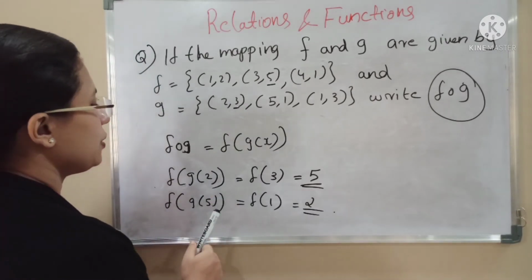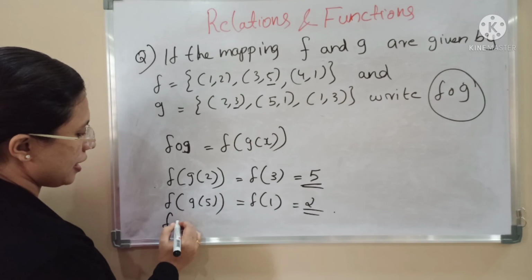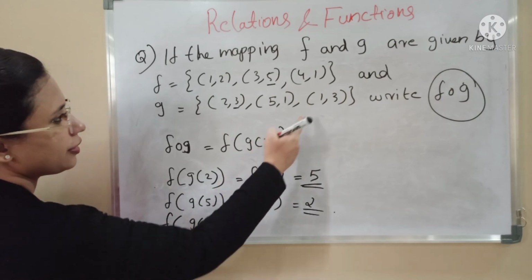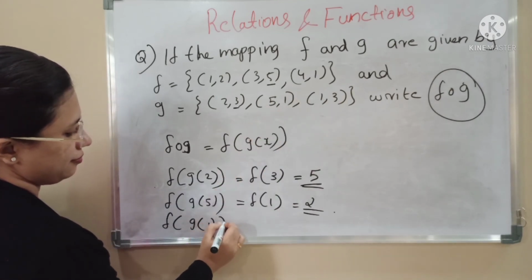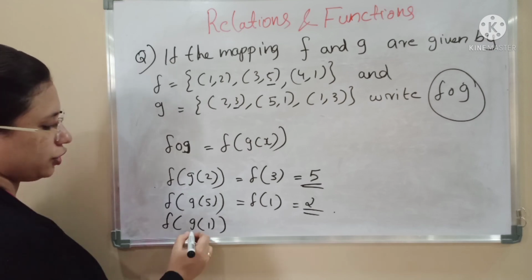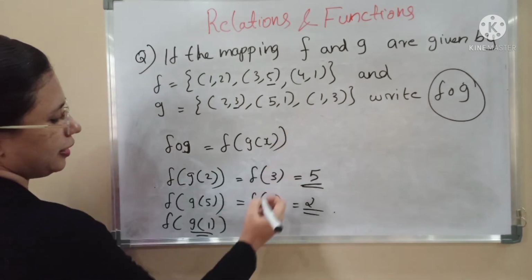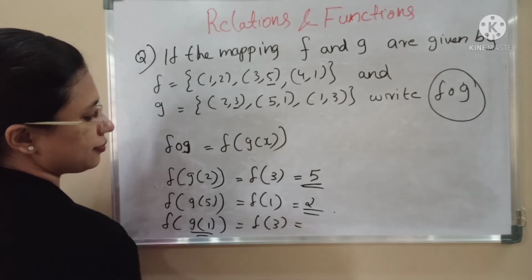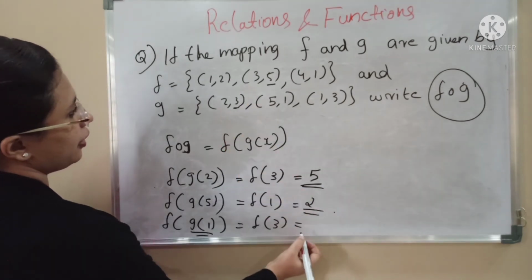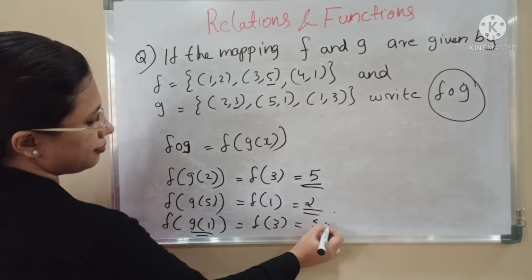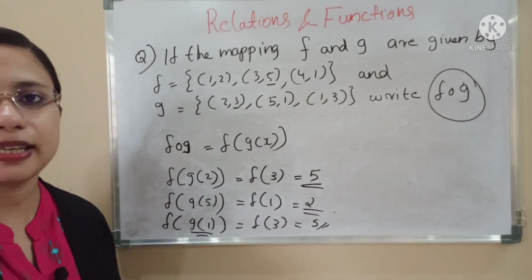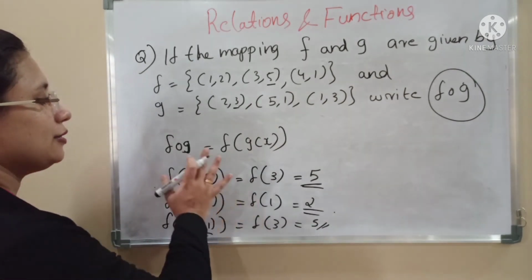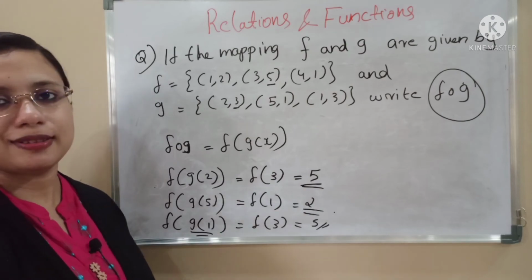Similarly, the last one. What is g of 1? The range is 3. So f of 3. What is f of 3? 5. Clear? So this is the solution for this question.